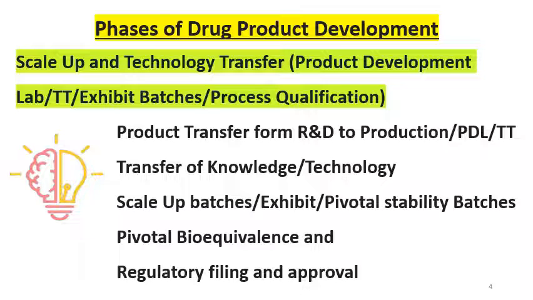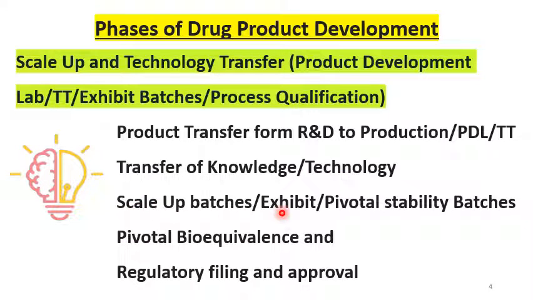Then transfer of the knowledge and technology. Only the product transfer is not sufficient in the pharmaceutical field. The requirement is that the knowledge gained in research and development regarding the product and process should be transferred and shared with the TT team, that is the people involved in the tech transfer team or PDL lab, so that there will be a successful transfer of the technology.